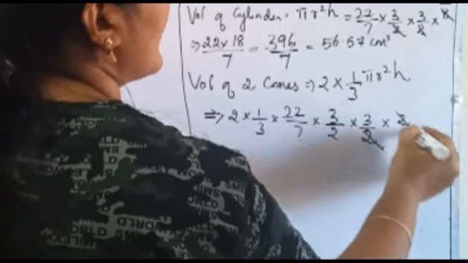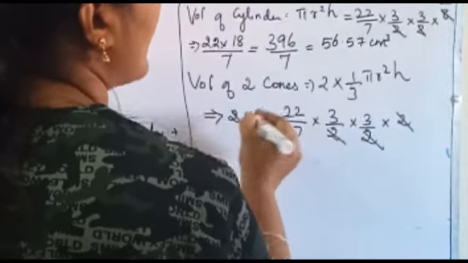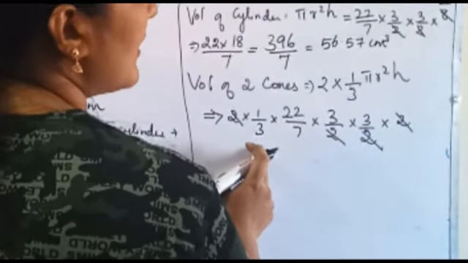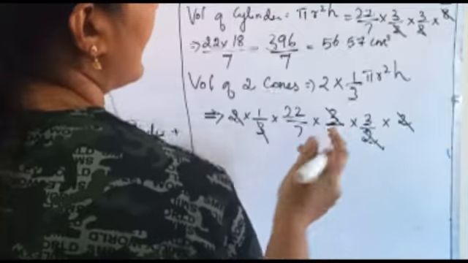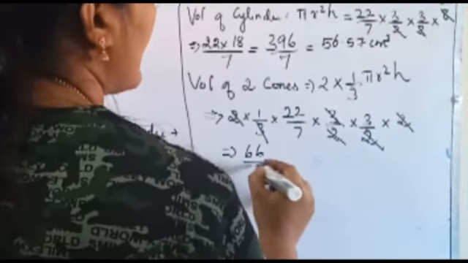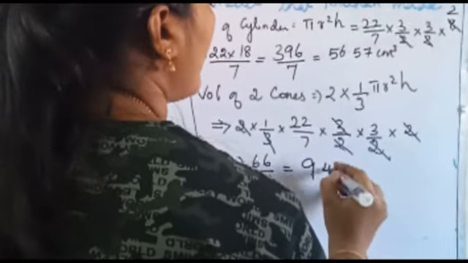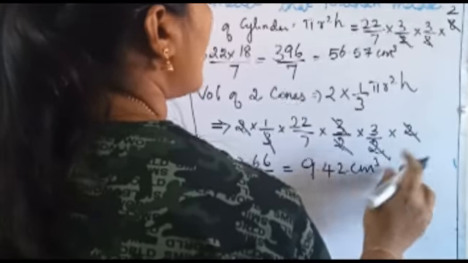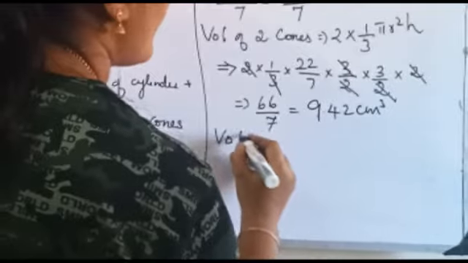So 1 2 cancel, this 2 cancel, remaining this 3 cancel. 22 into 3 is 66 divided by 7, which is 9.42 centimeter cube.